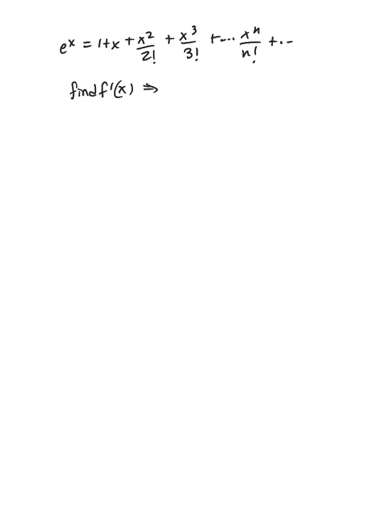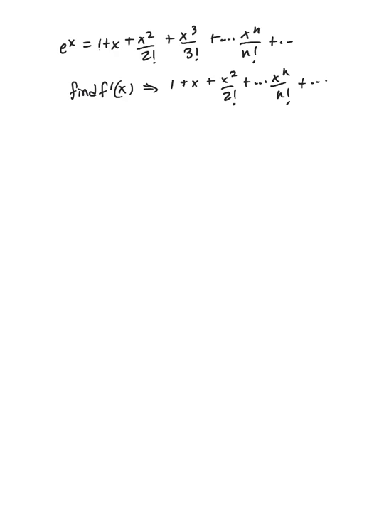The derivative of 1 is 0. The derivative of x is 1. The derivative of x squared over 2 factorial is x. The derivative of x cubed over 3 factorial is x squared over 2 factorial. So you see you're going to get the same series. All right?